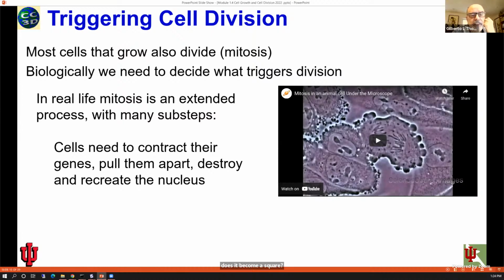Isn't being a circle the smallest surface it can achieve? So why does it become a square first?